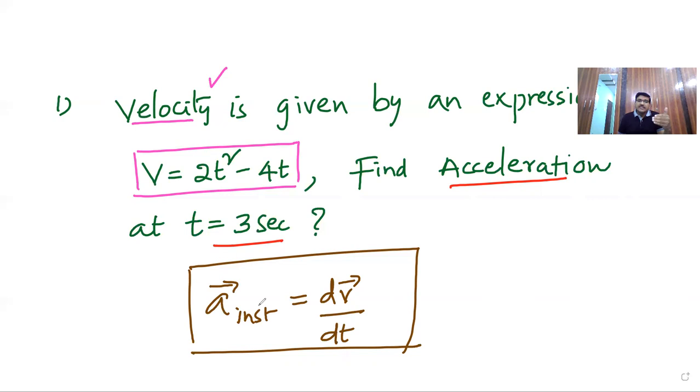Differentiation of velocity with respect to time gives the acceleration. Now, observe carefully. The V expression is given as 2t square minus 4t.